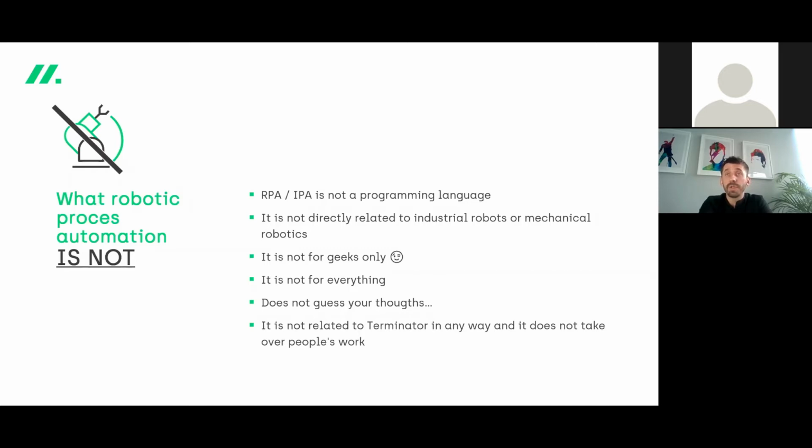For sure, software robots are not for everything, and those robots are not able to guess your thoughts. So during the implementations, we need to create each step that robots should perform.